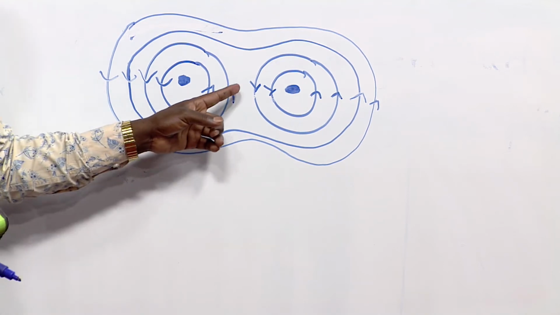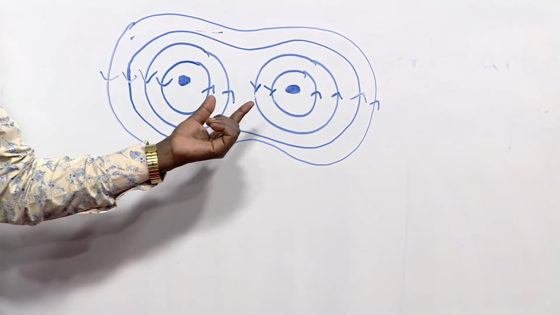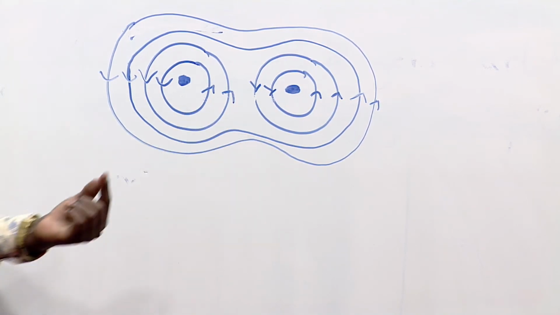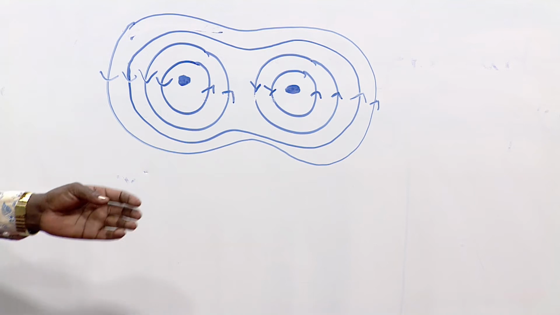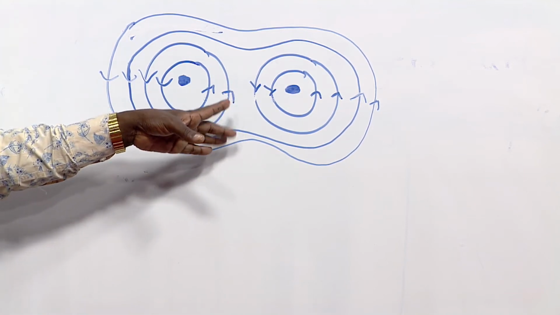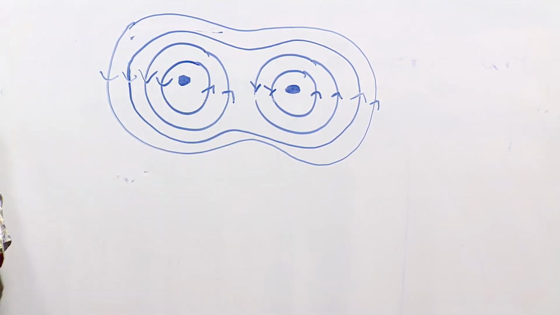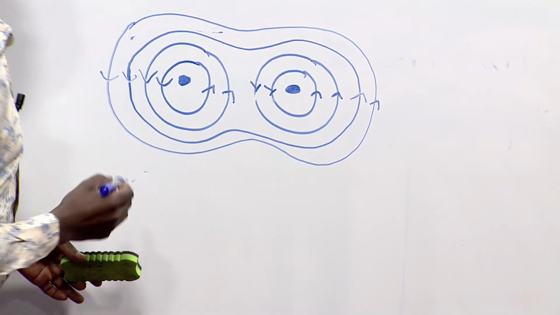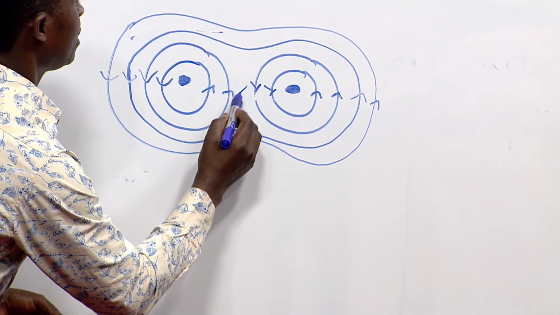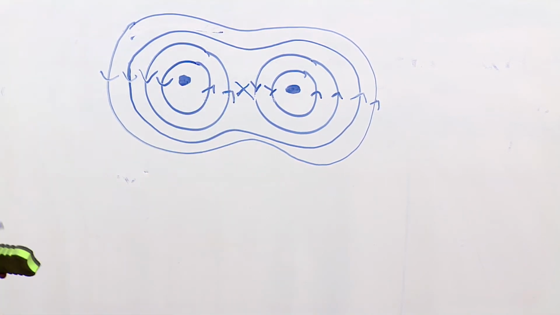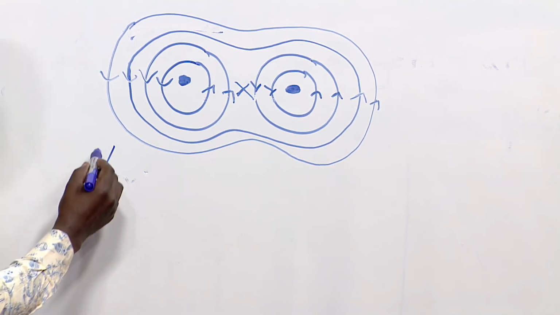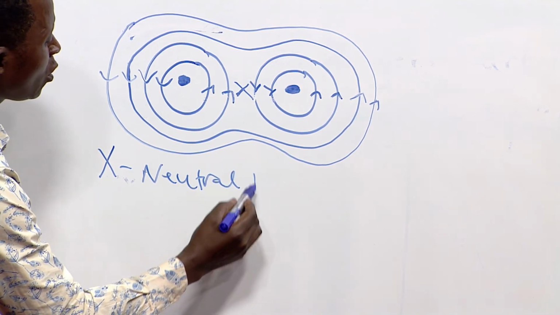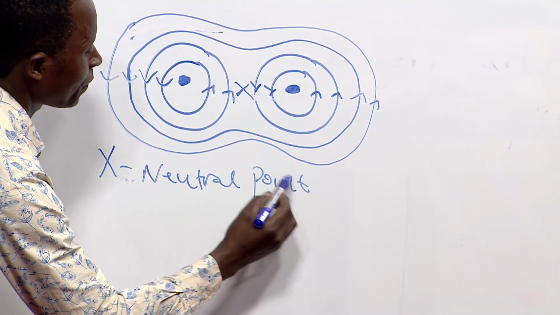Now, remember I said that at this point, these fields are opposing. And in the case of magnetism, if we have opposing, it means there is repulsion, like poles. You remember that law? So at this point, you put something like this. I can put some letter like X. And that X is representing what we call neutral point.